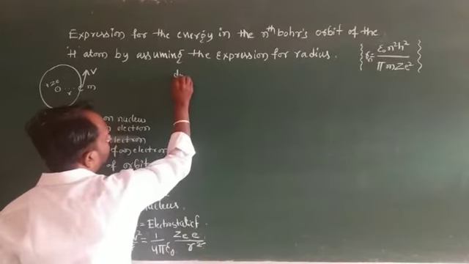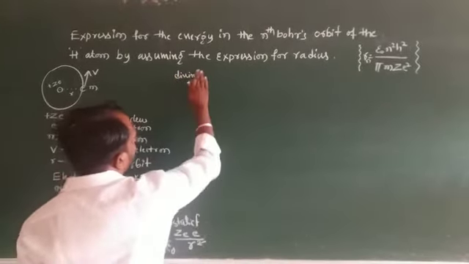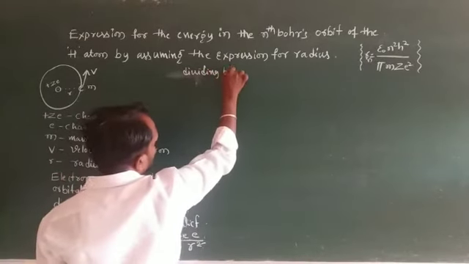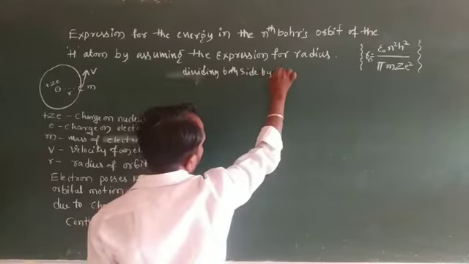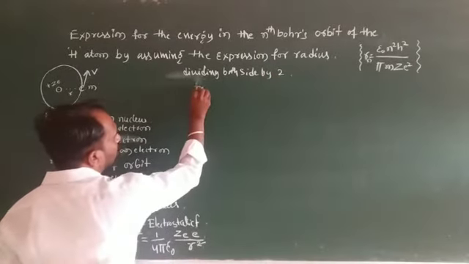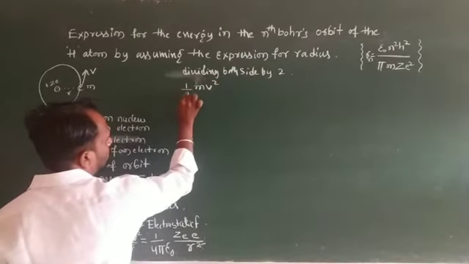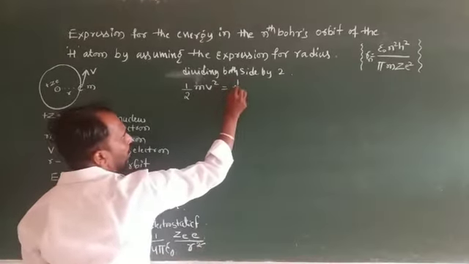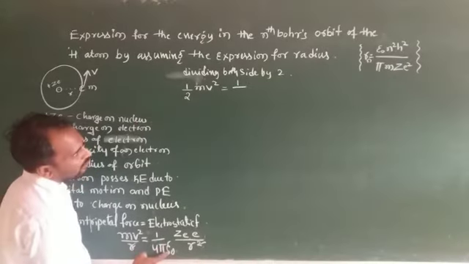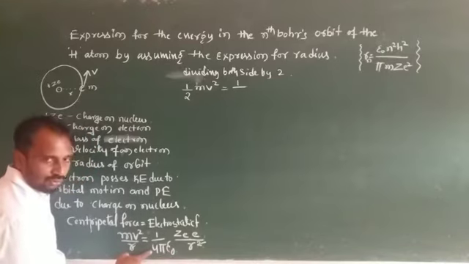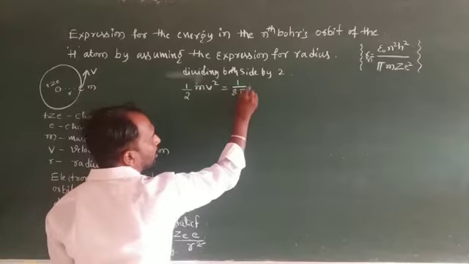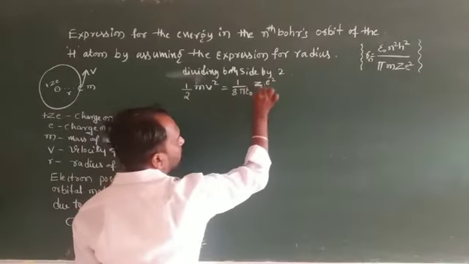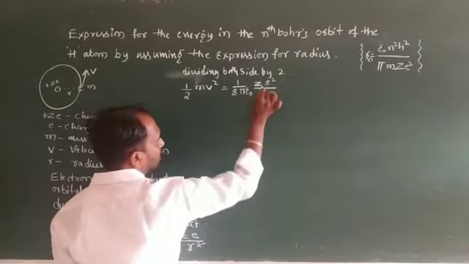Dividing both sides by 2 means m v square divided by 2 is equal to 1 divided by 4 pi epsilon naught, and 2 into 4 gives 8 pi epsilon naught, Ze into e square divided by r, since one r has cancelled.